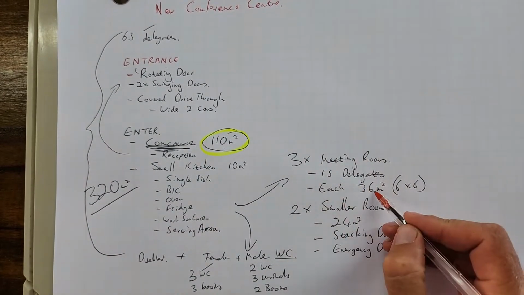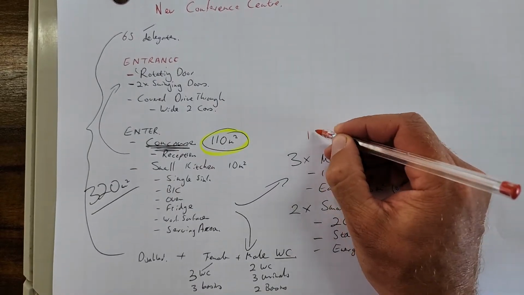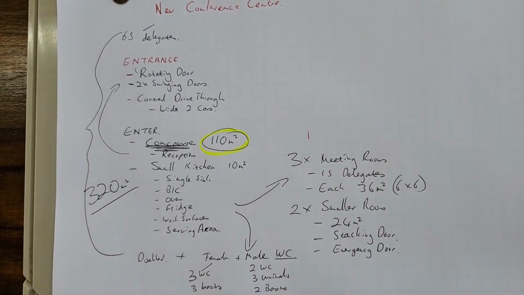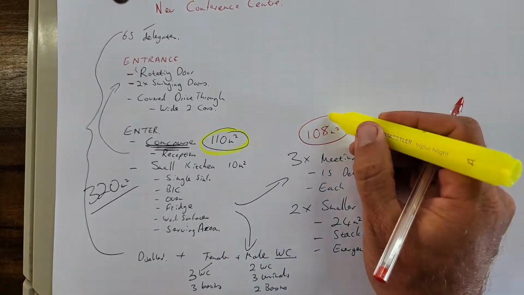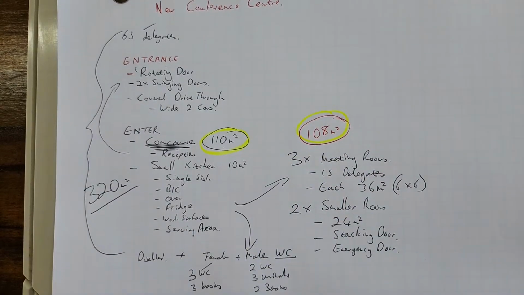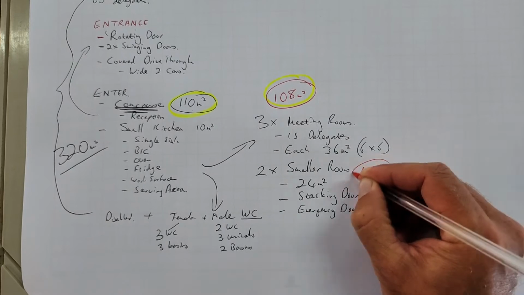If we have 3 rooms of which each is 36, how much is that? 3 times 36, it's going to be 108 square meters for the 3. The smaller rooms are 24 each, that's another 48 square meters.